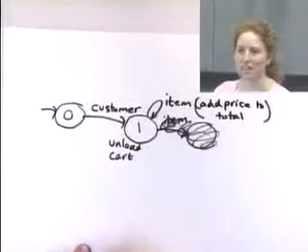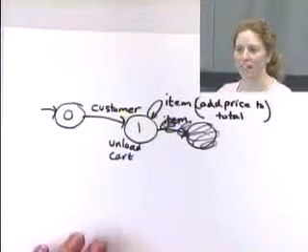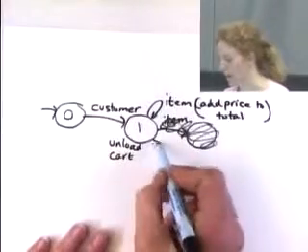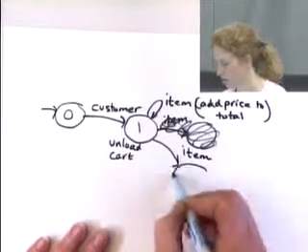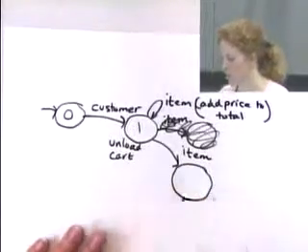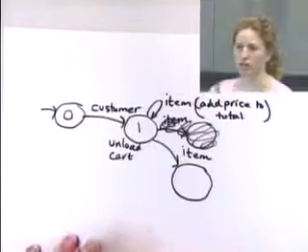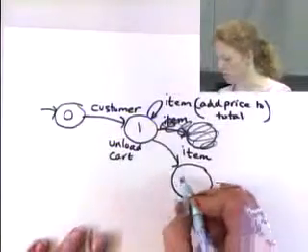So this might be what your design sheet looks like while you're working on it. Add the price to the total. And then when I get the last item, then I get to the state where I need to take money from the customer, right? So this needs to display the total.